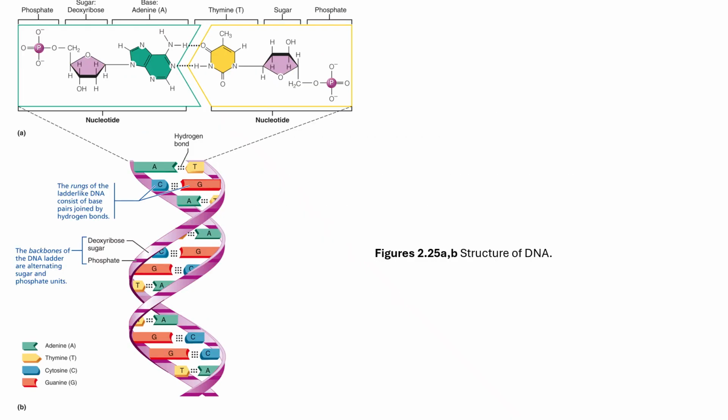All right, so here we have a nucleotide. So a nucleotide is formed by having a phosphate group, a sugar, deoxyribose, and a base. In this situation, it's adenine.